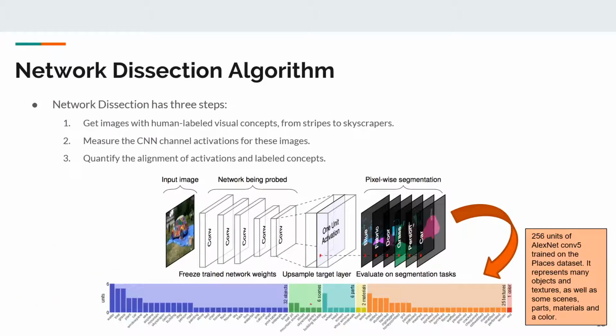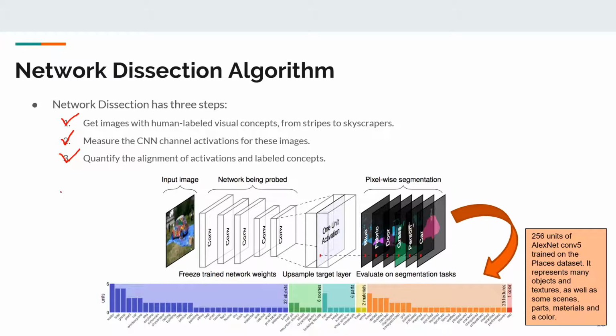The network dissection algorithm has 3 steps. First, we need a human-labeled dataset of visual concepts. The concepts go from objects, such as water or dogs, and scenes, such as streets or skyscrapers, to textures, such as line or cracked. The second step is measuring the convolutional neural network channel activations for these images, and the final step quantifies the alignment between activations and label concepts.